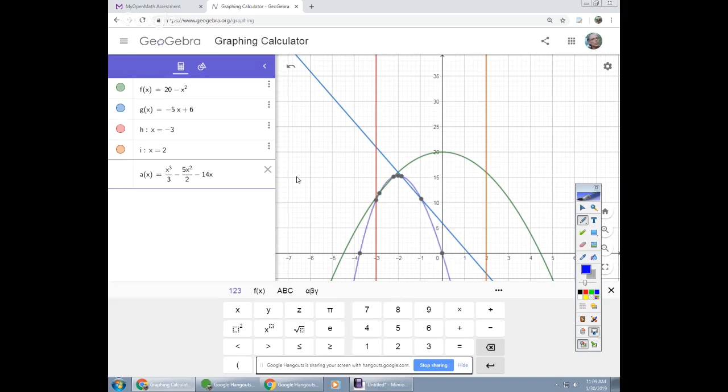Then I just want to evaluate that at the upper bound, a of -2, and subtract the lower bound, a of -3. So I get 29.6, which is 4 5/6.